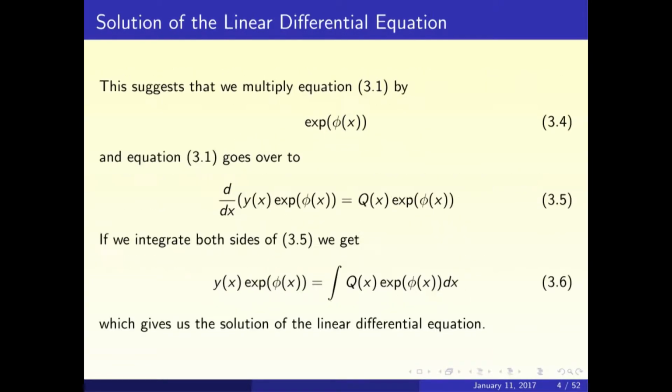Okay, so now what do we do? This suggests that we multiply our equation 3.1 by exponential of phi of x, right? So what was 3.1 again? dy by dx plus py equals q.